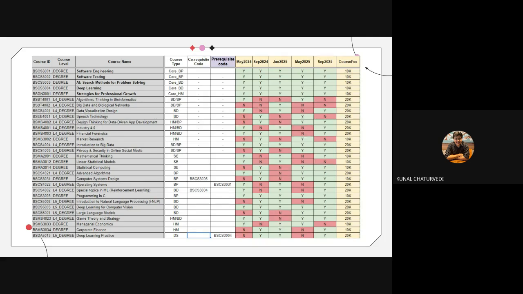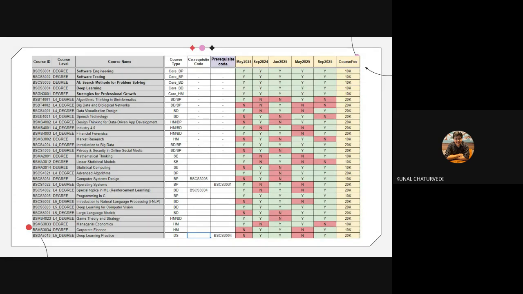And yes, one last thing that we already talked about: there are these BD and BP courses. BD means the data science courses, which are required for your BS level BD criteria completion, and BP courses are for your programming criteria completion at BS level.